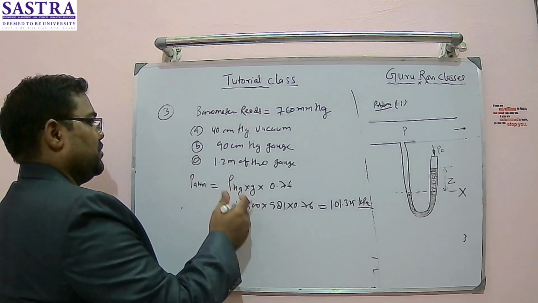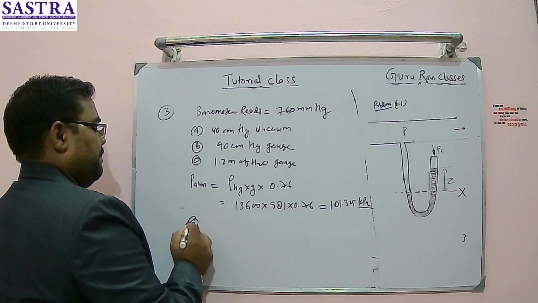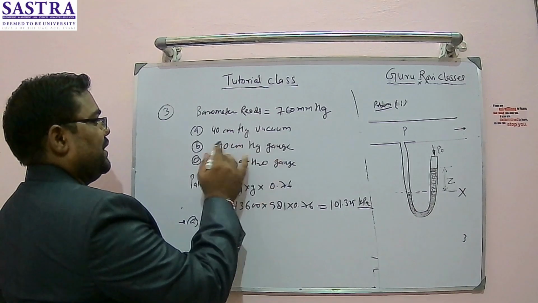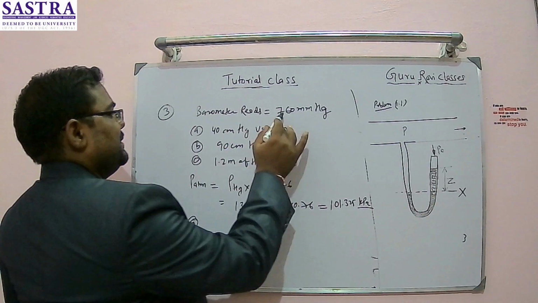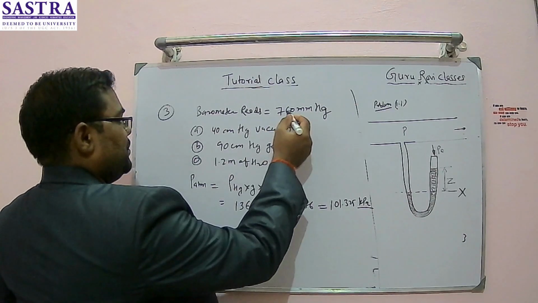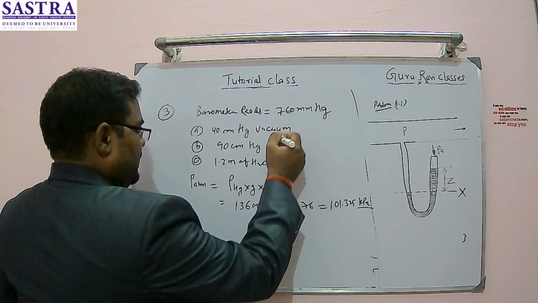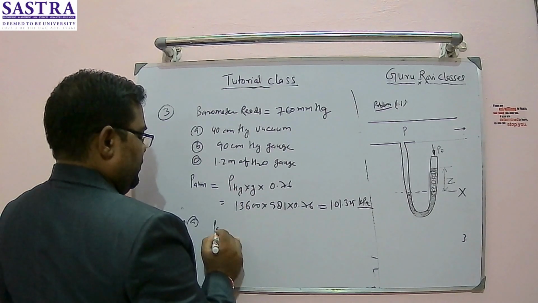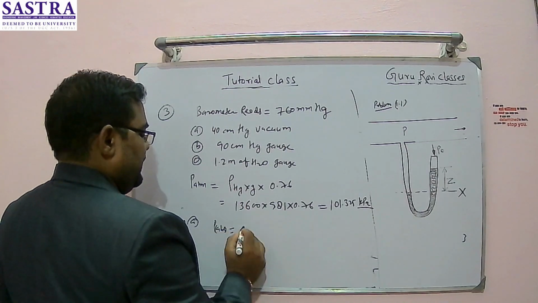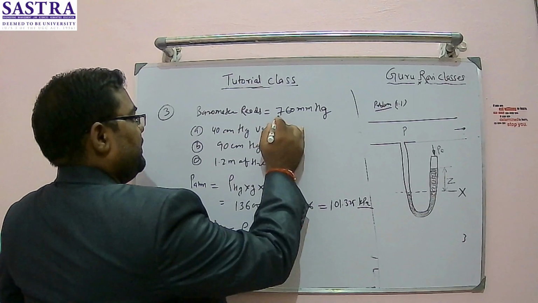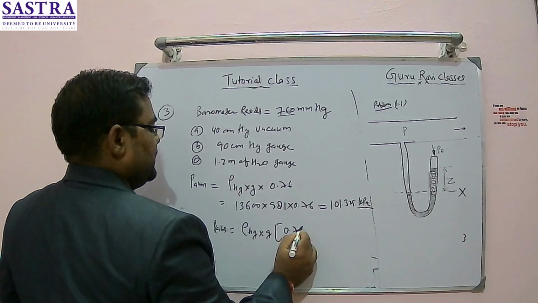Now I know the atmospheric pressure. I can go with the first part A, which is given as 40 centimeter Hg vacuum, right? So vacuum means I need to subtract from atmospheric. So P absolute in this case I can write directly as rho of Hg into Z, which in meters is 0.76.